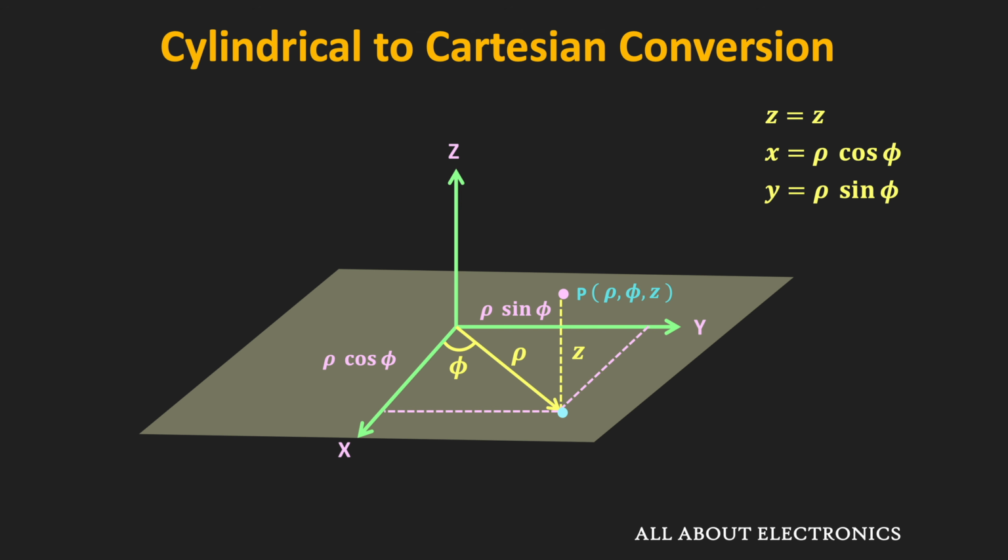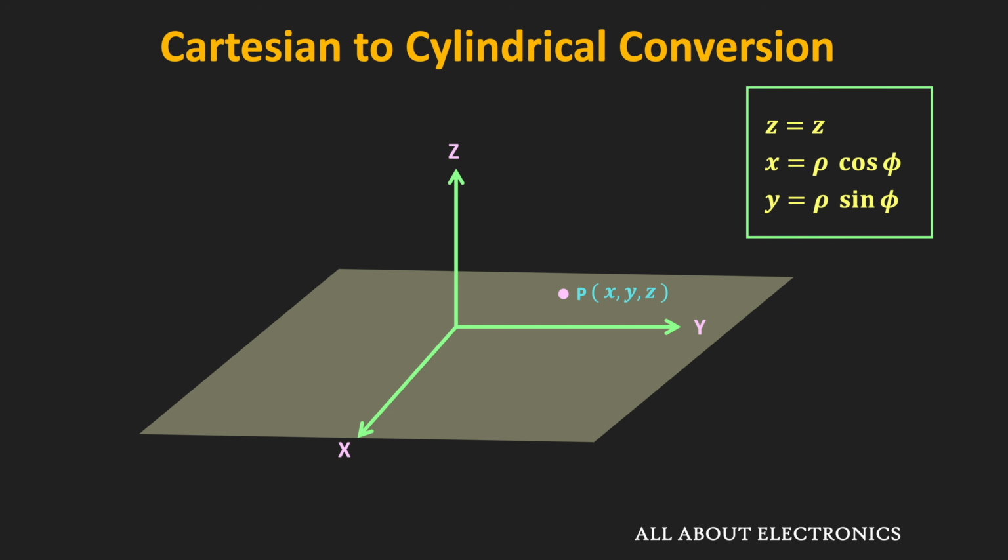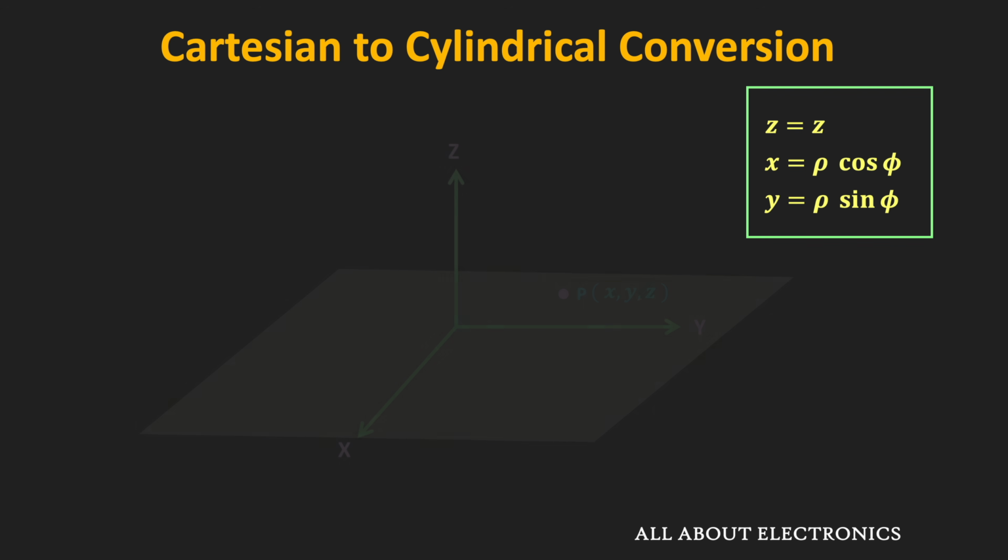Similarly, now let us see the other way around. Suppose we have been given a point in the Cartesian coordinate system, then how to convert that point into the cylindrical coordinate system. We already know this relationship, right? That means during the Cartesian to cylindrical conversion also, the z component will remain the same. Now, to find this rho, let us do x square plus y square.